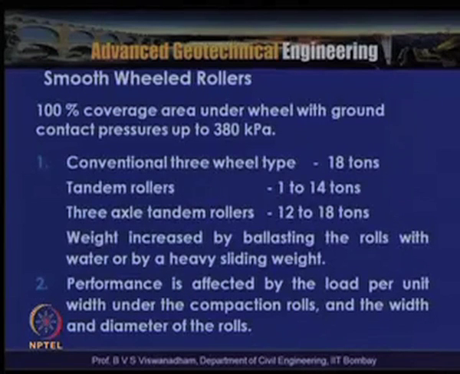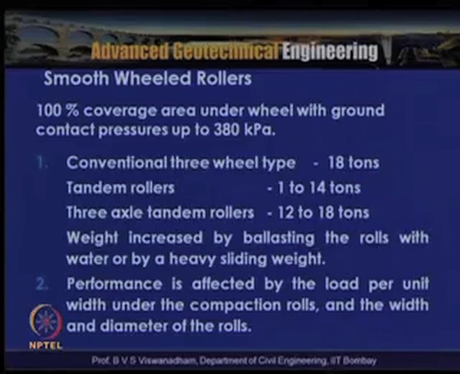Smooth wheeled rollers possess 100% coverage area under the wheel load, with ground contact pressures up to 380 kilopascals. So they are able to induce a pressure of 380 kilopascals on the surface of the ground, so that the soil can be compacted.